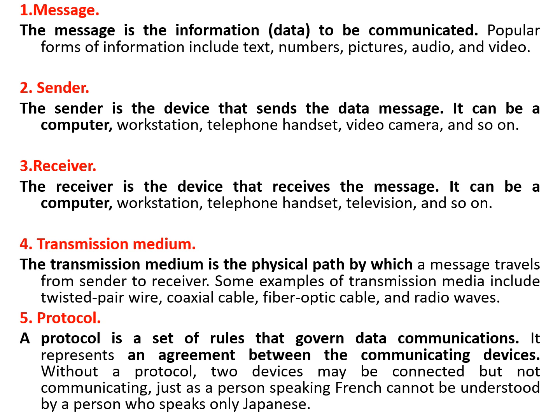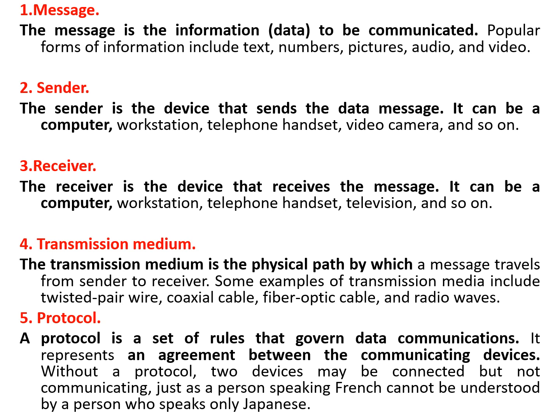The message can be text, number, picture, audio, and even video. Now this message has to be sent from the sender. Sender is a device which sends the data, and it can be any computer, workstation, telephone handset, video camera, anything that can be considered as a host device or a sender.